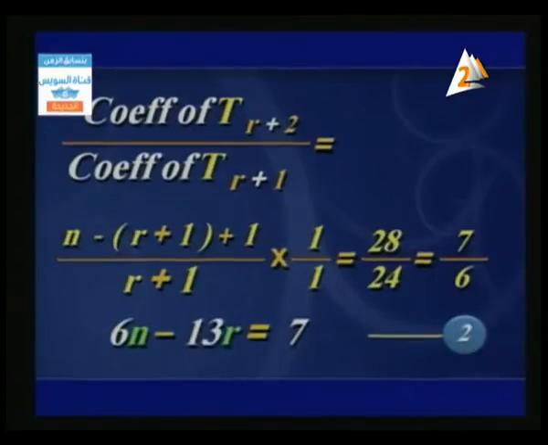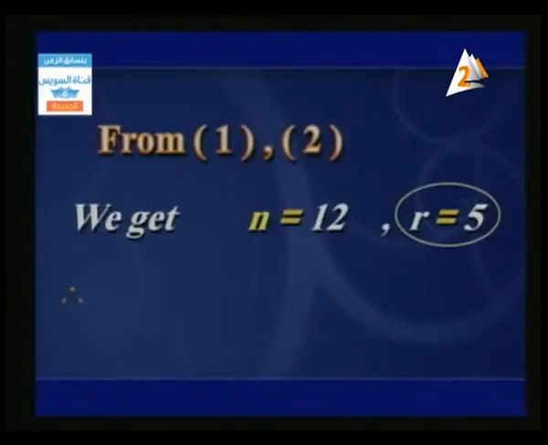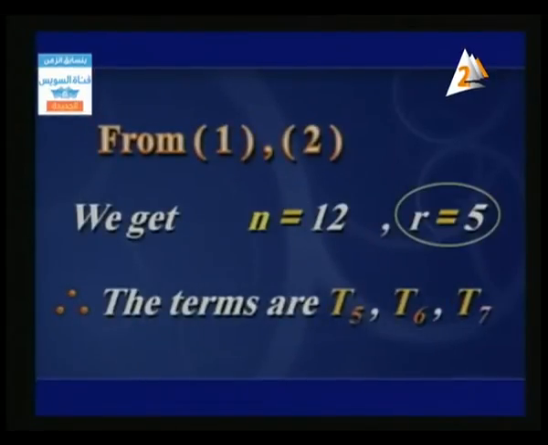Therefore, 6n minus 13r equals 7, and this is equation number 2. From 1 and 2, we get n equals 12 and r equals 5. Then the terms are T5, T6 and T7. Now, let's go to another example.